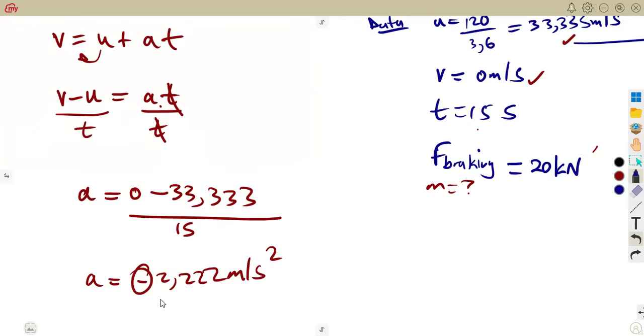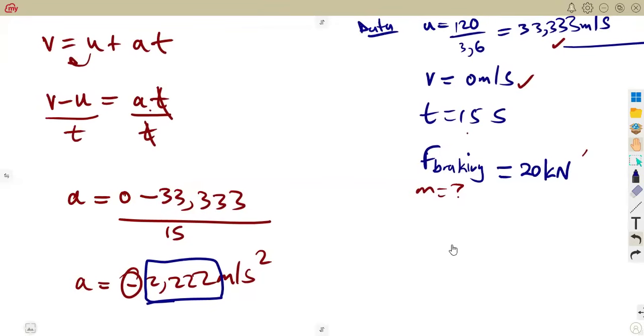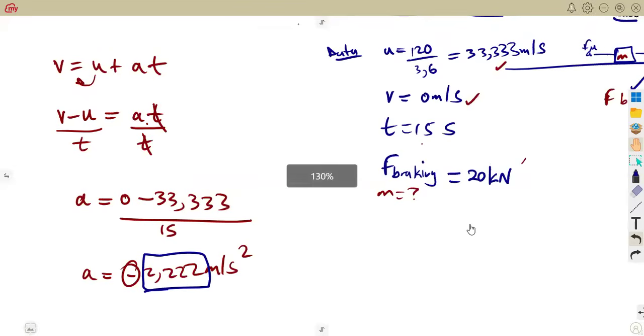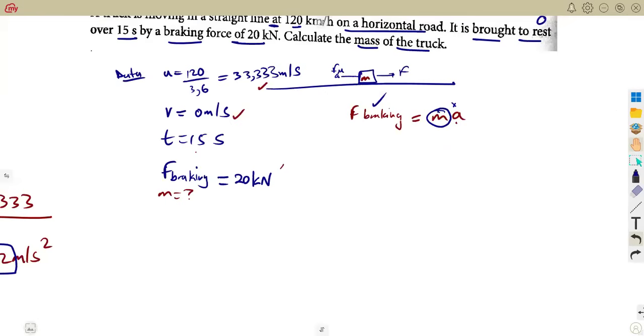But in your calculations, you use what? The positive, the magnitude of it is the one that you want. So you're going to take that 2,22 and use it here, because remember our question, we need the mass. So let us find the mass. We're just going to make M the subject, divide by A, divide by A. So the mass is equal to what?